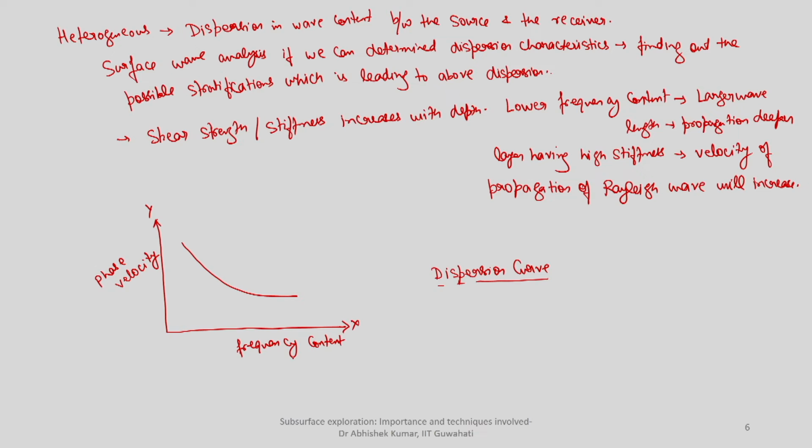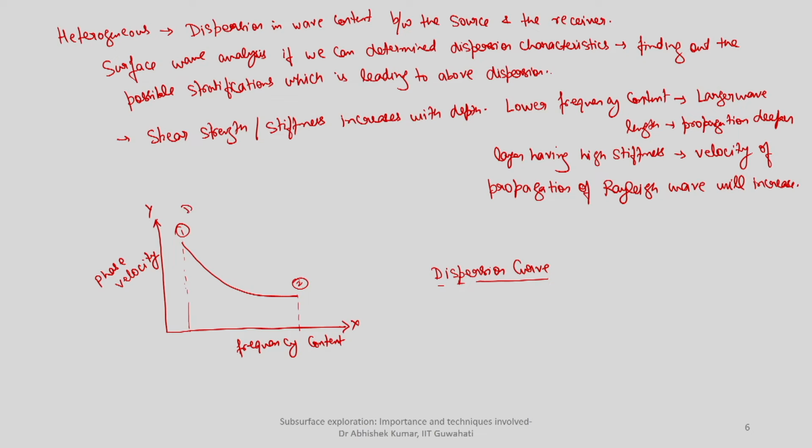Now, corresponding to this phase velocity, it gives you, on average, the propagation of this frequency content. It gives an indication of what the wavelength will be for this frequency, and corresponding to that wavelength, what depth you are trying to interpret on average. If you go for point number 1, it will have some component from shallower depth and some component from deeper depth. If you go for higher frequency content, it will be more dominated by the contribution coming from shallower depth.